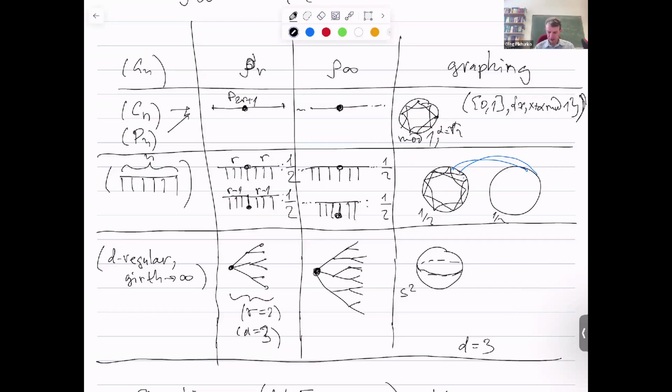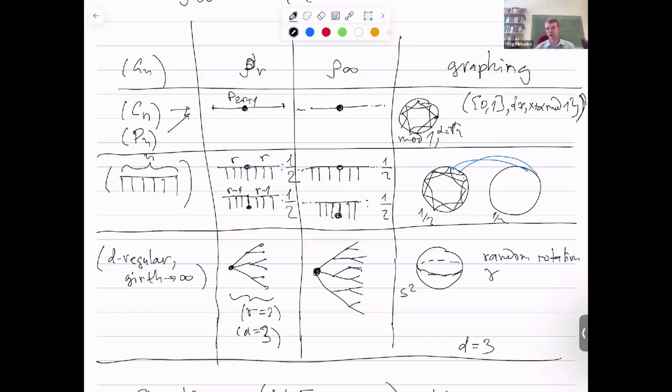And then what we do, we take some random or generic rotation, and we connect x to its image by this rotation, so it's a 2-regular graph, and this will be another example for line 1 if you like.